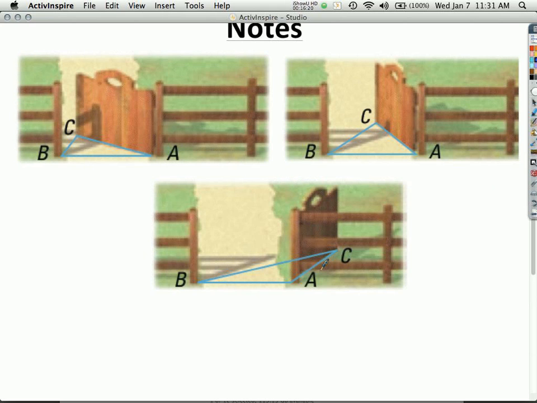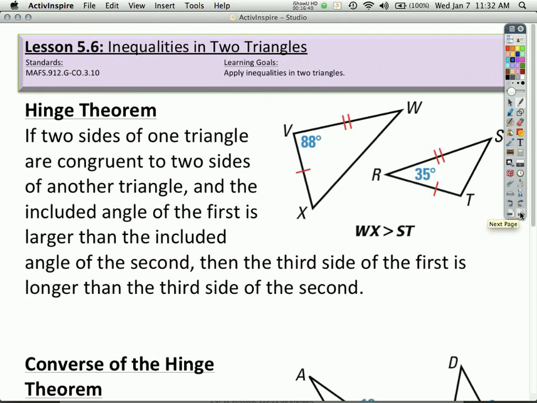However, this can swing open beyond perpendicular, and you can see that BC gets even bigger, even though the doorway and the door itself do not change. And this idea and what Kamoy said earlier leads us to today's major idea, which is the hinge theorem.